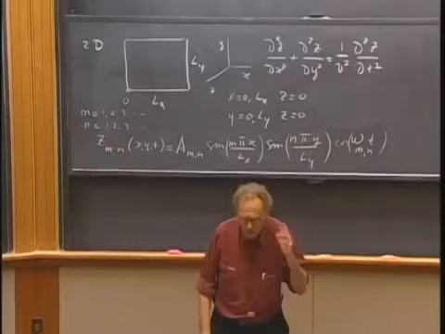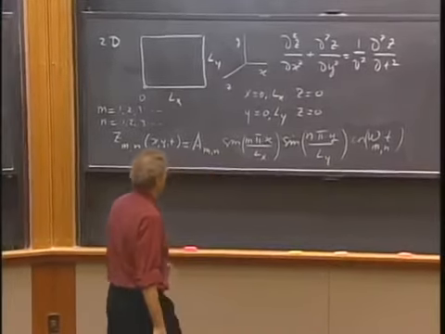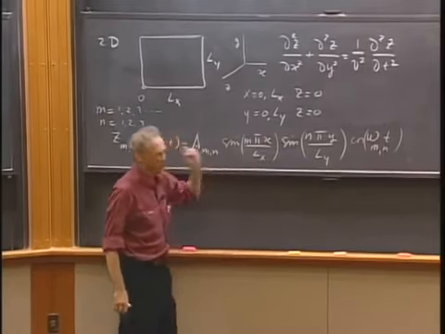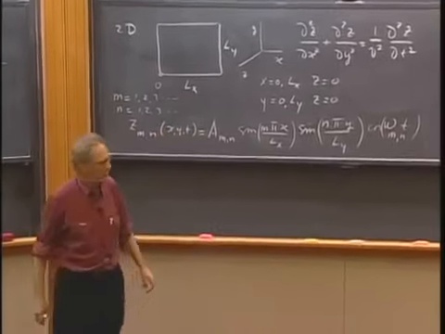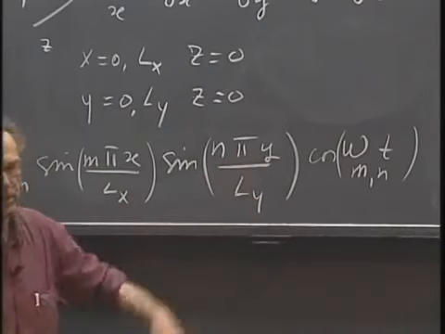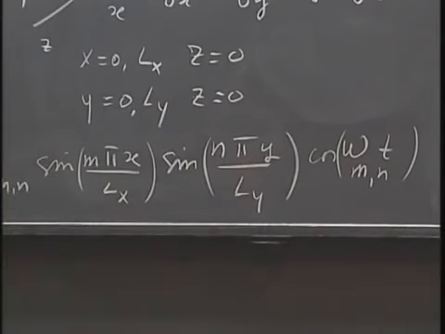And you see that it meets the boundary conditions. If you put in x equals 0 or x equals Lx, you get a 0. If you put y equals 0 or y equals Ly, you get your 0.